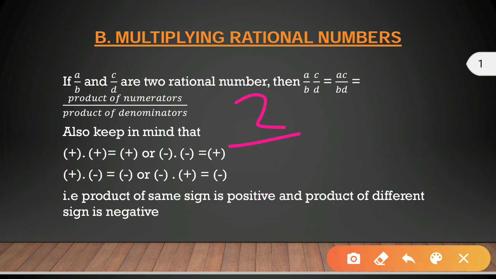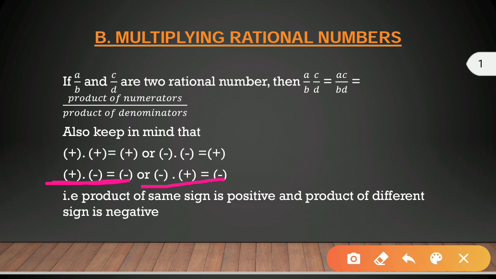Next and last, if one rational number is negative and another is positive, or we can say both the cases are reciprocal to each other. If the first rational number is negative and the second is positive, then their product will also be negative. Learn this.